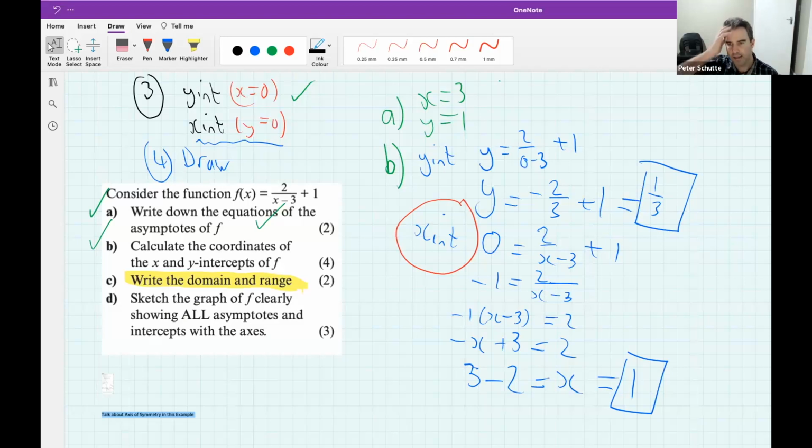So domain is the set of x values that are valid for the graph. And the range is the set of y values that are valid for the graph. So valid, what does that mean? Well, they take part, they're involved. There's a more technical definition, but in a simple way, it's what x values are allowed to be involved and what y values are allowed to be involved.